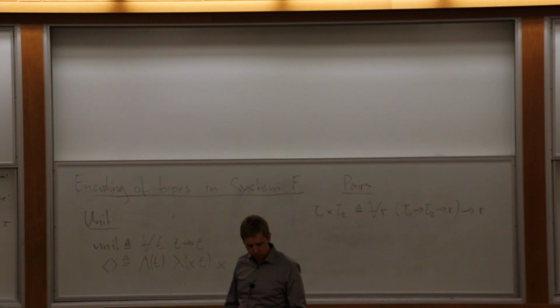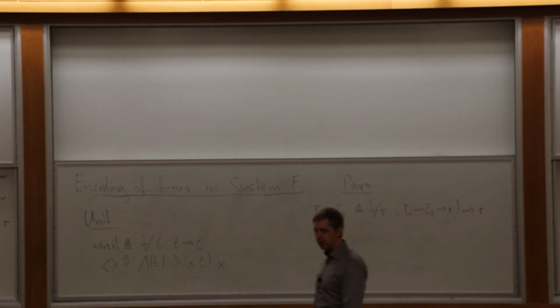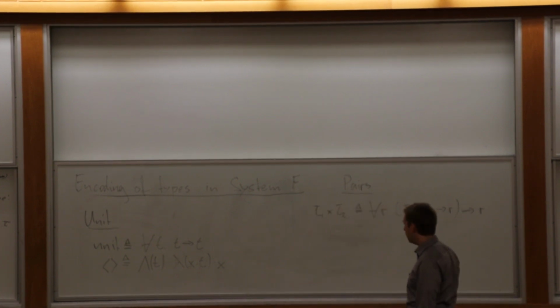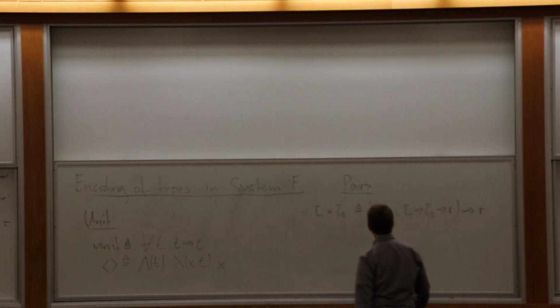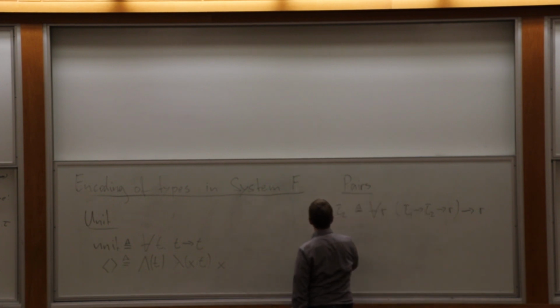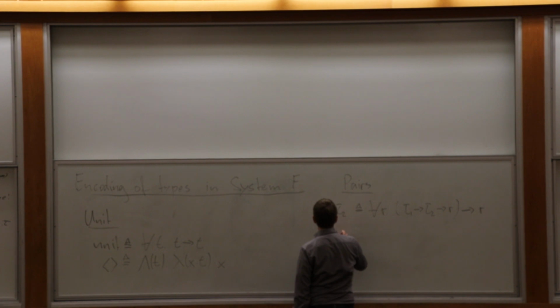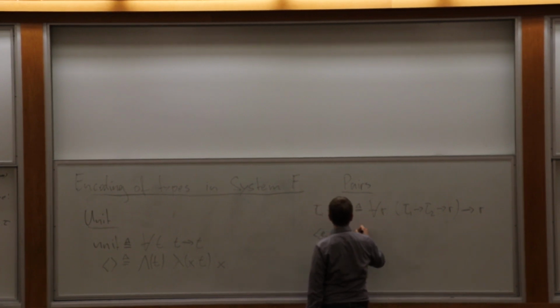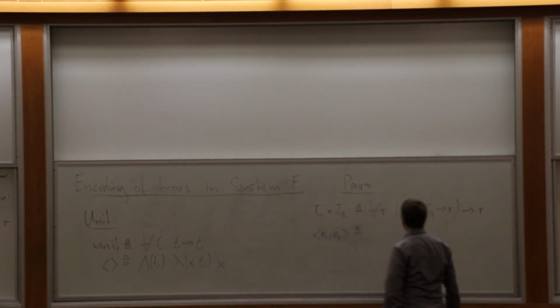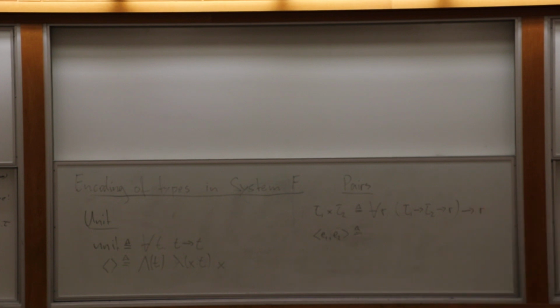Yeah. Then we have to say, okay, what is a pair E1, E2? That's always the same. I first do the type abstraction.